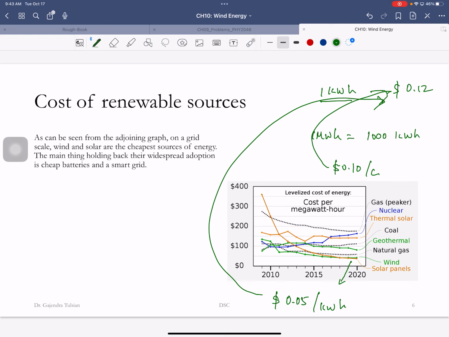So if you're the CEO of FPL, what are you going to do? Produce your electricity using wind and solar, of course. So what's the problem? What is holding us back? You guys understand what I'm saying? You can make boatloads of money.